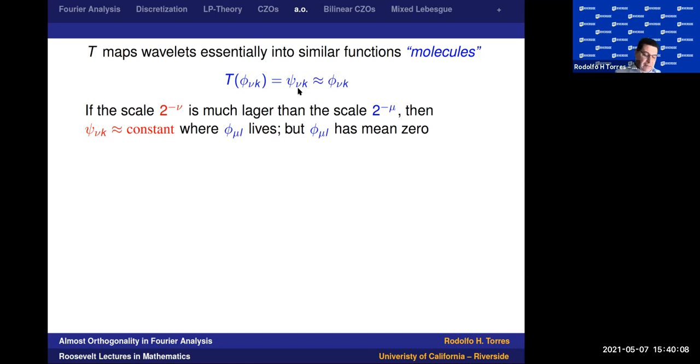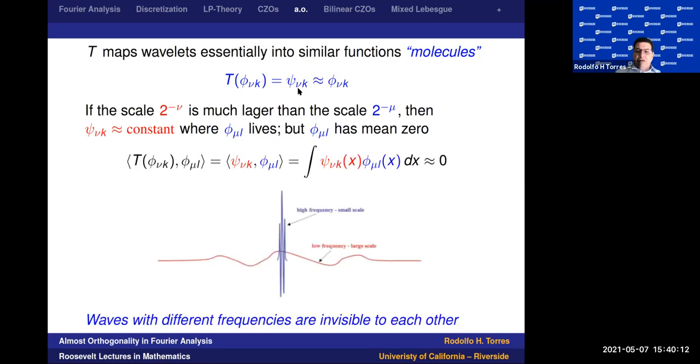So think again that you have one wavelet that oscillates at a very large scale, the red one, and one that oscillates very fast at this particular location. Of course, if they are located very far apart, since these functions die away very quickly, the integral of one against the other is always going to be very small. It's going to be practically zero because they live very far apart.